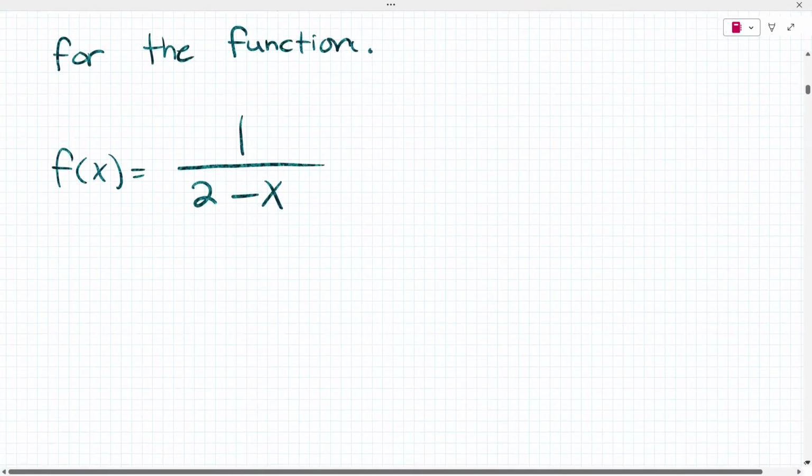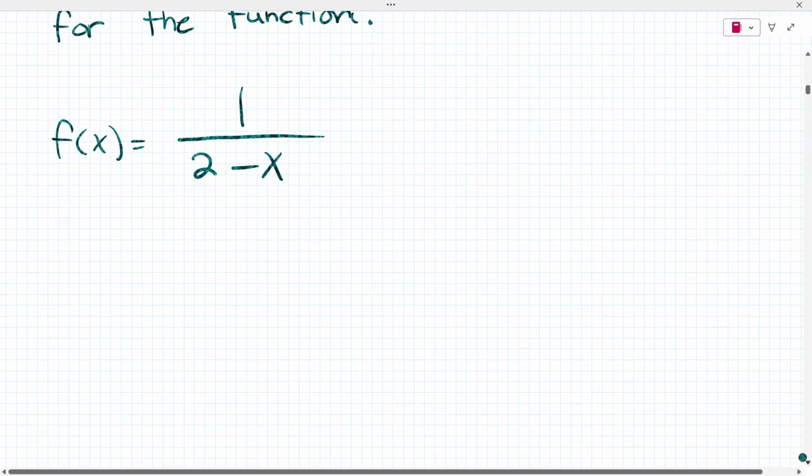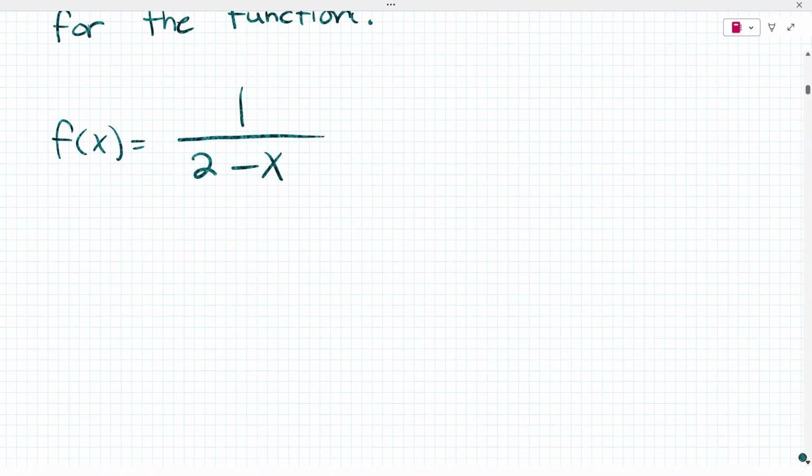So what could we do? Let's try to make that 2 into a 1, because technically we want to make it look like this, 1 over 1 minus x, right?